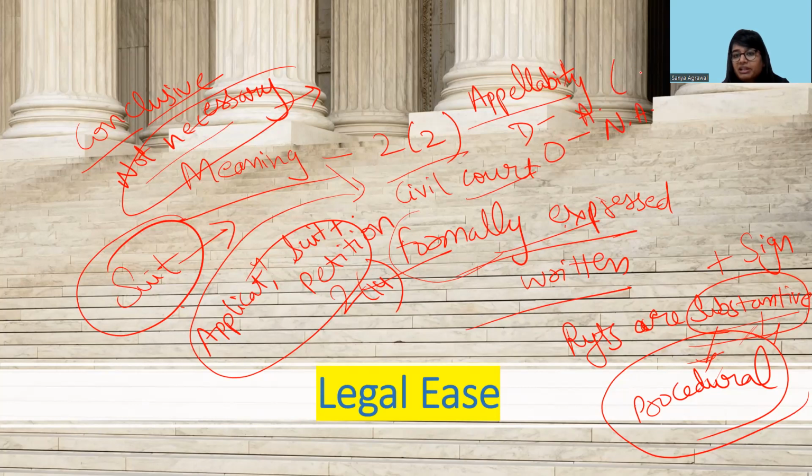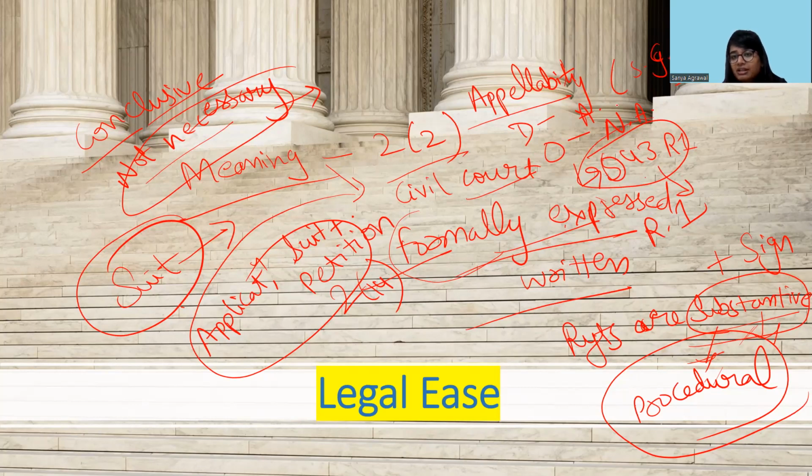Decrees are appealed under section 96 as a general rule, but orders are not appealable. The exception to this is given under Order 43 Rule 1 of CPC, which says that only the orders mentioned under this particular rule are appealable orders, otherwise all the other orders are non-appealable.